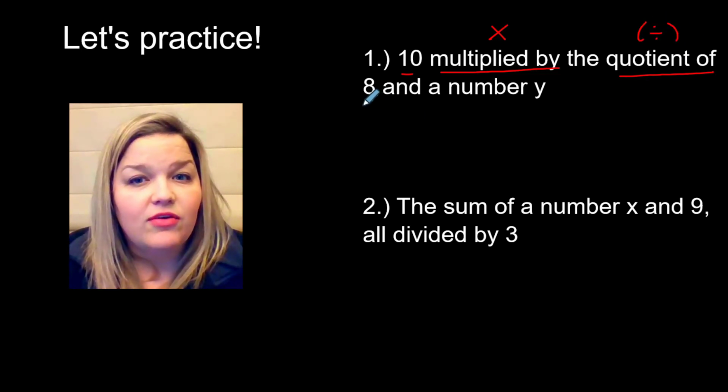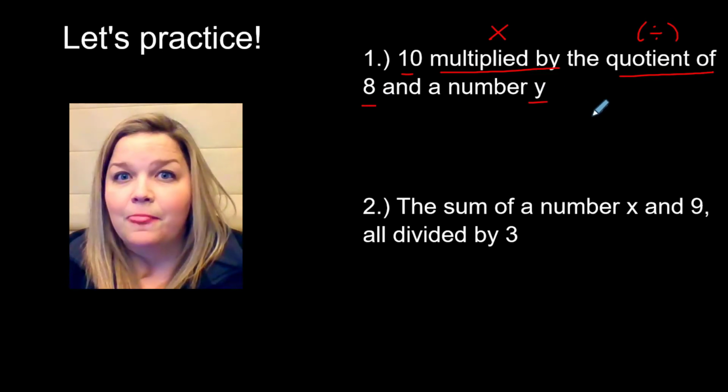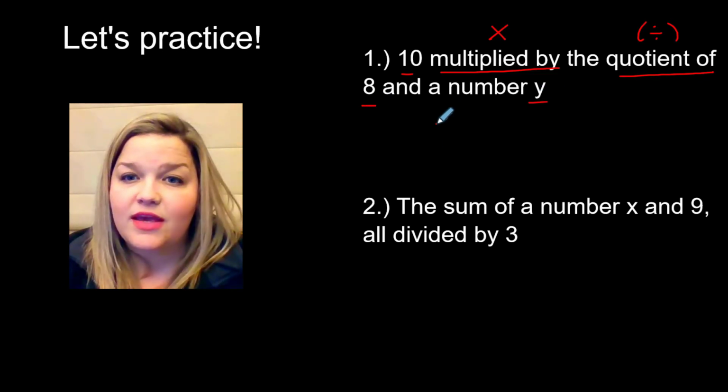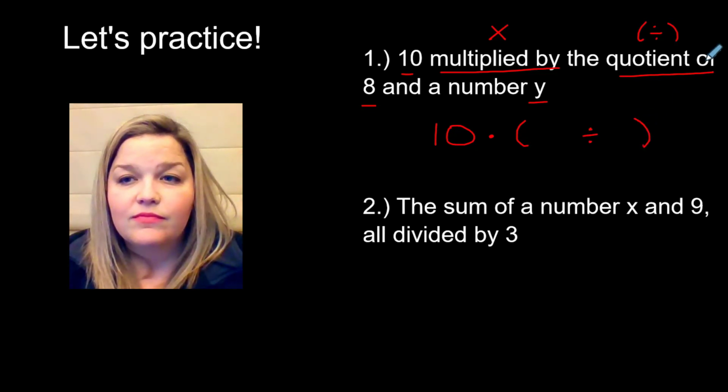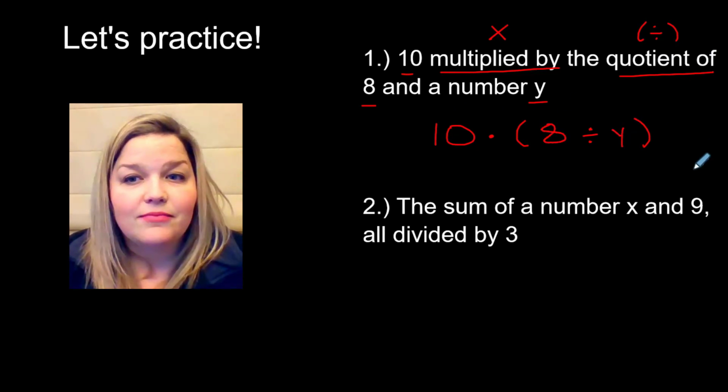The quotient of 8 and a number y. So if I was going to write this, I would say 10 multiplied by the quotient of 8 and a number y.